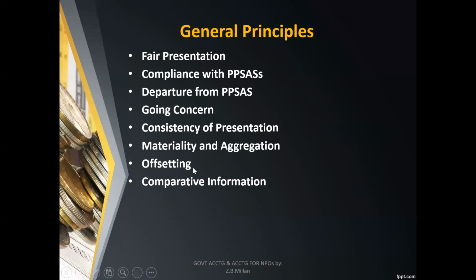And then you have comparative information. So again, it is part of the components of the financial statement. You will have a comparative statement based on the current and prior period.